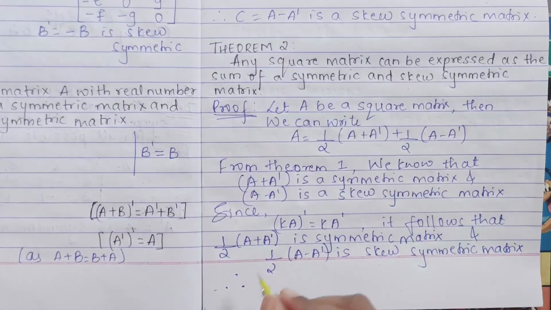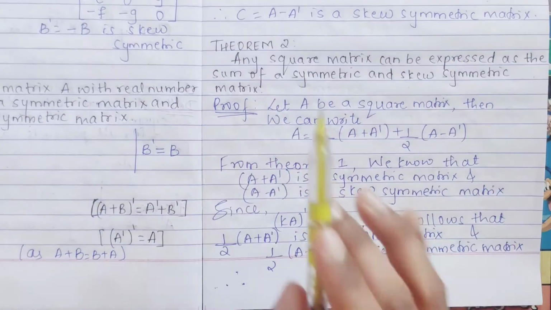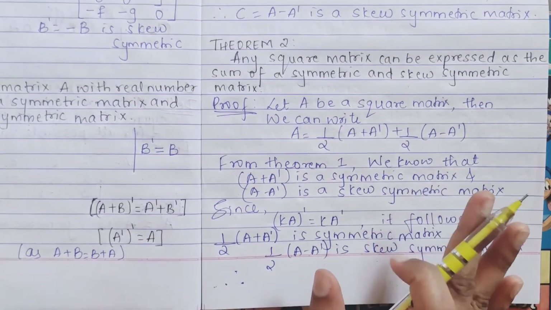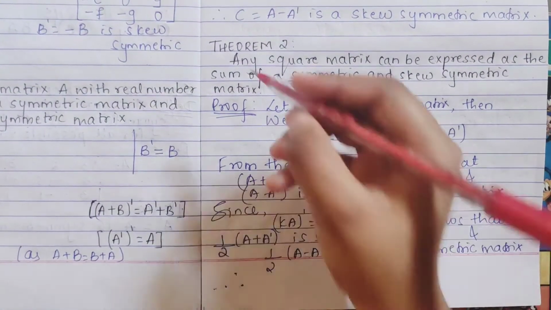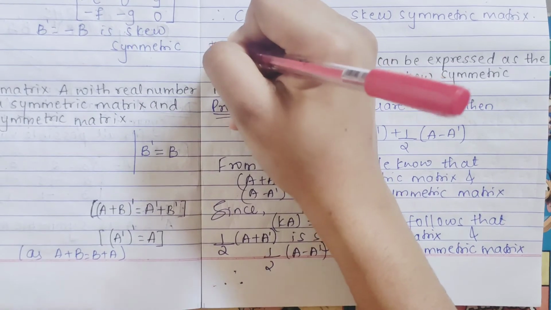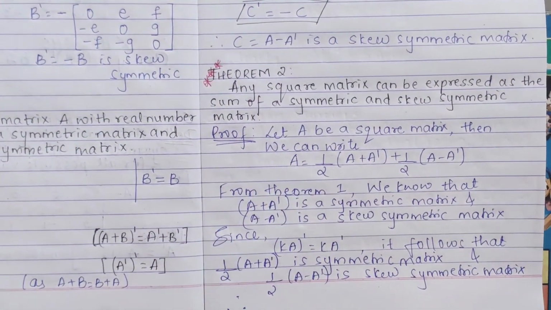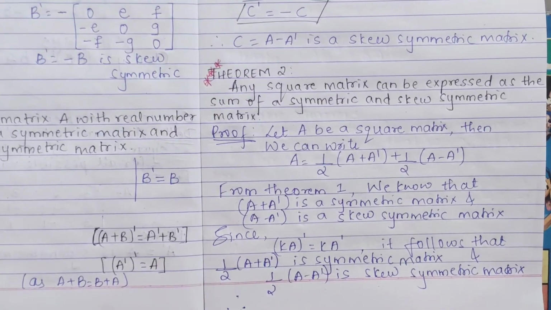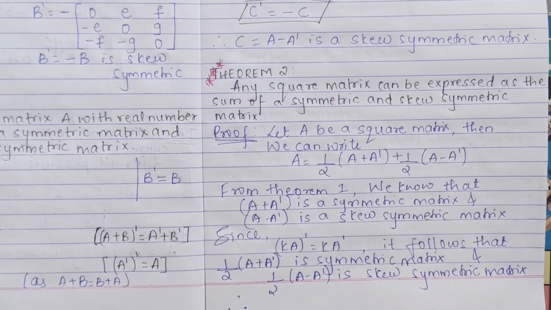This ends the proof of this theorem too. And even this theorem is important, so just note it down. Whichever I am telling you is important, please focus on it, and mark it wherever I am telling you to mark.